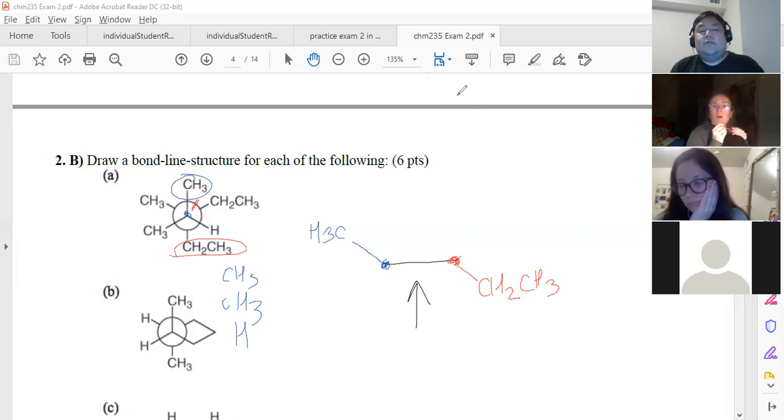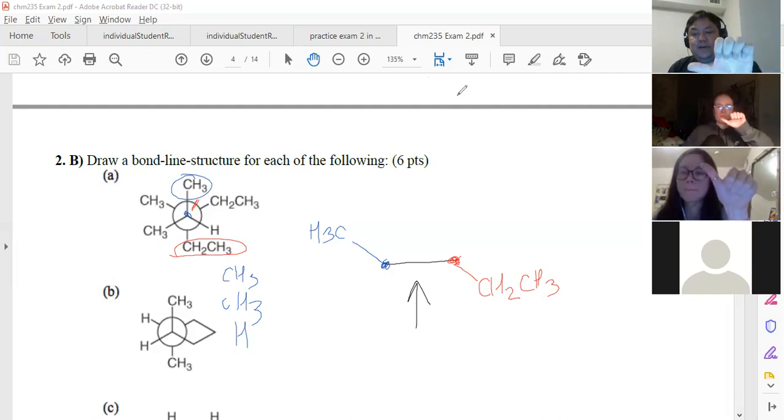Do you want to do the hydrogen or the methyl? Hydrogen. Okay, so put your left hand out, because that's the one we're going to turn, and take your thumb to the right, just like the hydrogen is. Now turn your hand this way, because that's the way we did our rotation when we were rotating it.